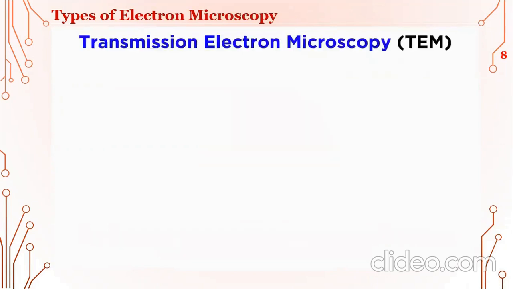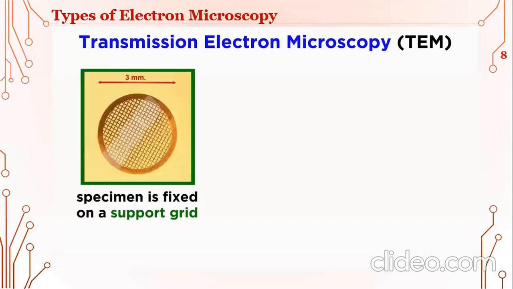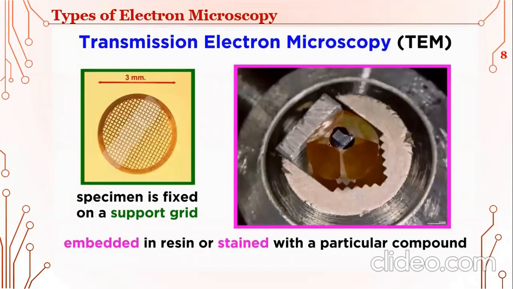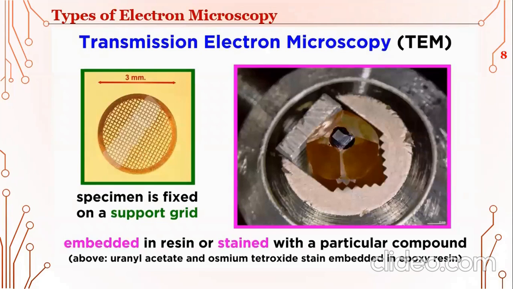This shorter wavelength allows for a higher level of detail and resolution in imaging. One type of electron microscopy is called transmission electron microscopy, or TEM. For TEM, specimens are fixed on a support grid and either embedded in resin or stained with a material like uranyl acetate or compounds of heavy metals like osmium tetroxide.